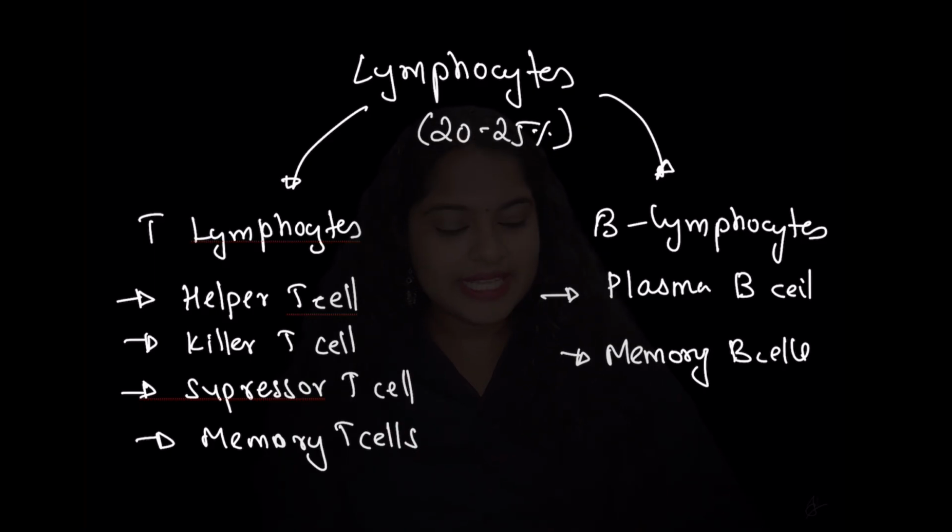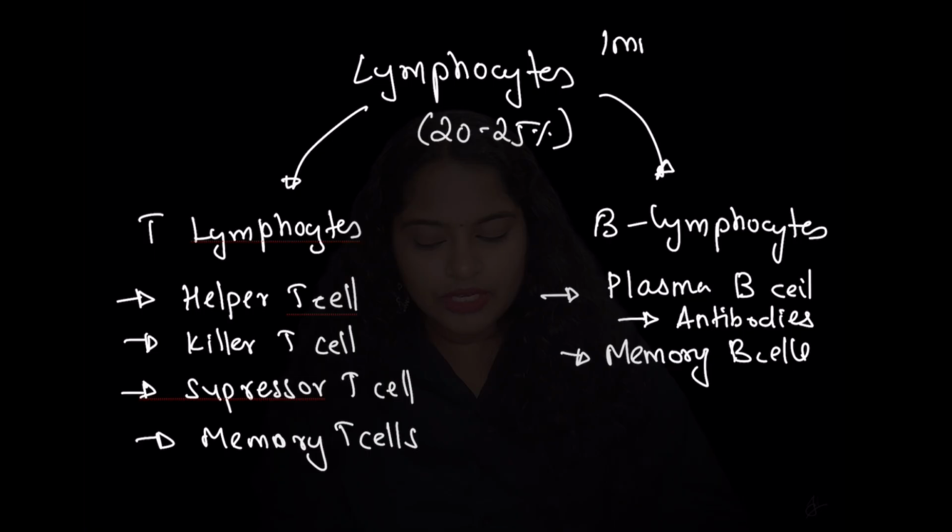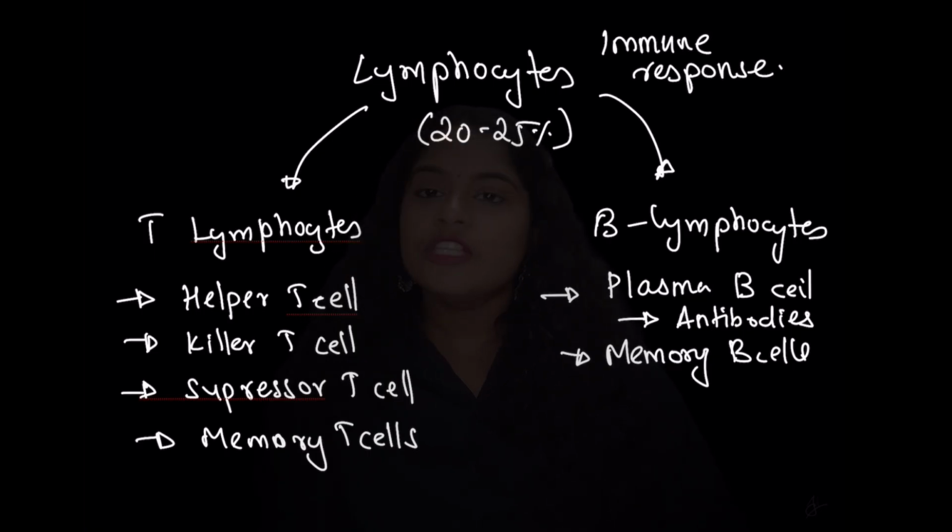These plasma B cells are the type of B cells which will produce the antibodies. These lymphocytes provide immune response to our body. So what type of immune responses are they providing?